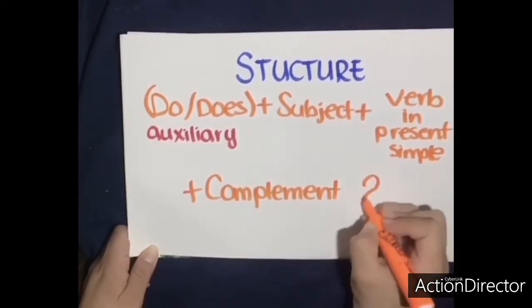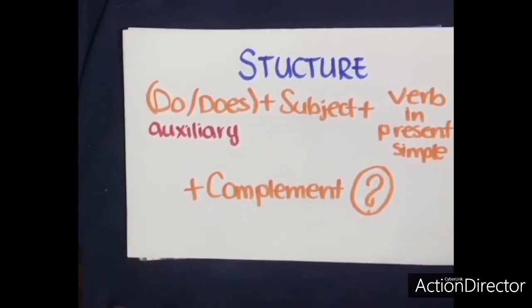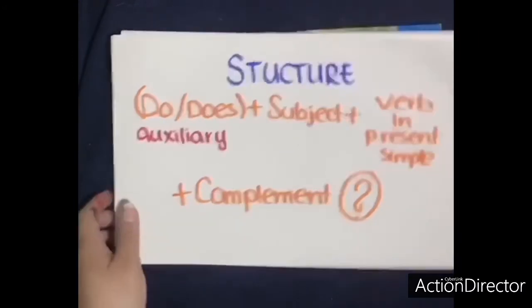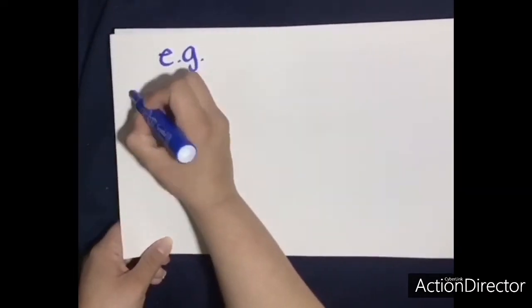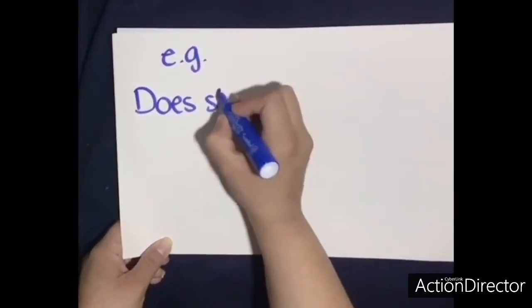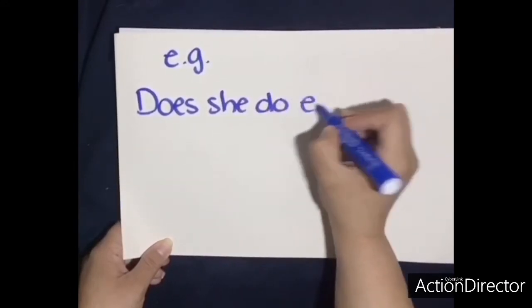And do not forget the question mark. One example of this structure can be: does she do exercise?